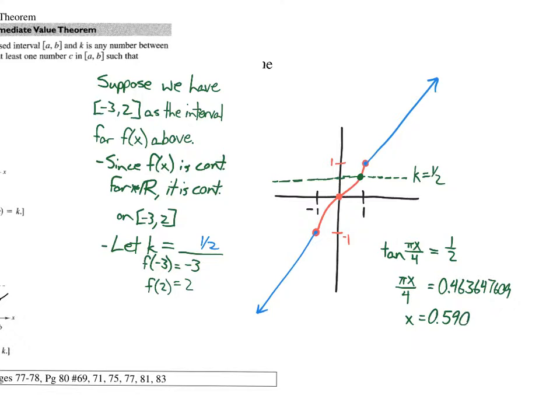Alright, so our intermediate value theorem ensured us that we would get an answer. Then we were able to use algebra in order to actually find that answer. Okay? So, Winnie, what were you going to ask? I used 3.14 as the number for pi, so I got 0.591. Okay, if you're going to just type it in, I would at least do 3.14159, something like that, give it more decimals.